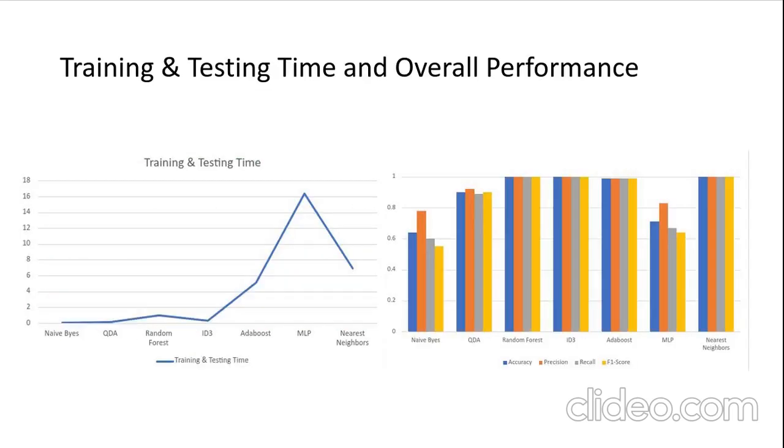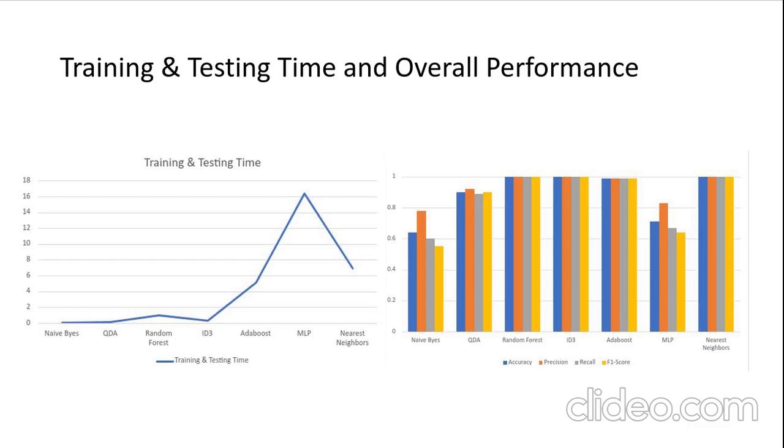In the next slide, we can see the time taken by various ML models for training and testing. We can see that Naive Bayes is the quickest, requiring only a fraction of a second for both training and testing. QDA follows with a short duration for both phases. Random forest and ID3 perform efficiently, taking less than a second for training and testing.